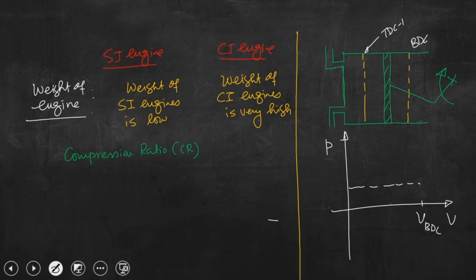So, now if we say this is the point, this is VTDC 1 and pressure will increase. So, this is the change in pressure. So, you can see that as piston travels from BDC to TDC during compression stroke, volume reduces, definitely the volume of the charge will reduce, pressure will increase.